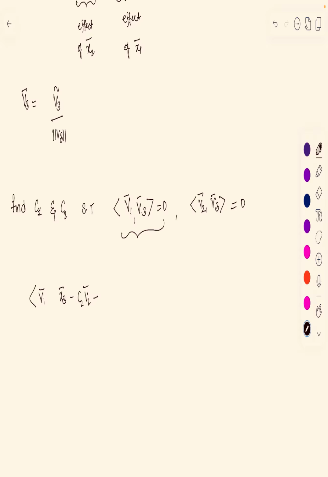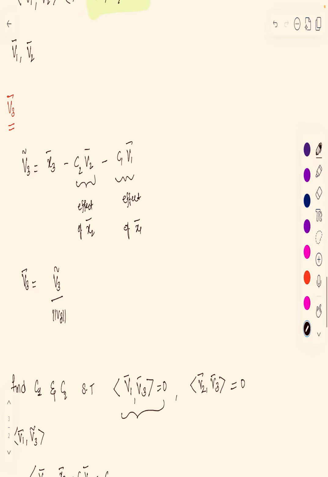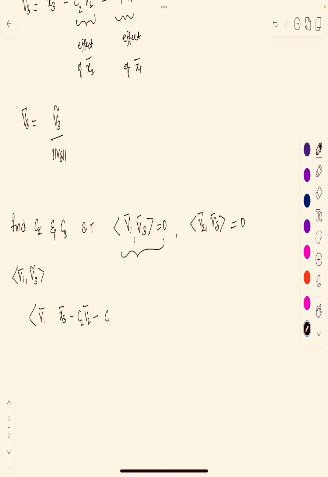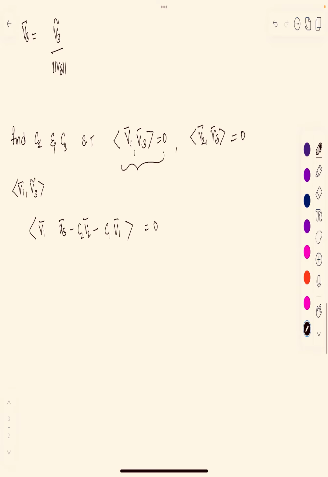Here I am computing V1 bar and V3 tilde, and V3 bar is actually the normalized version of V3 tilde, so the same result carries forward. X3 bar minus C2 V2 bar minus C1 V1 bar equals 0.